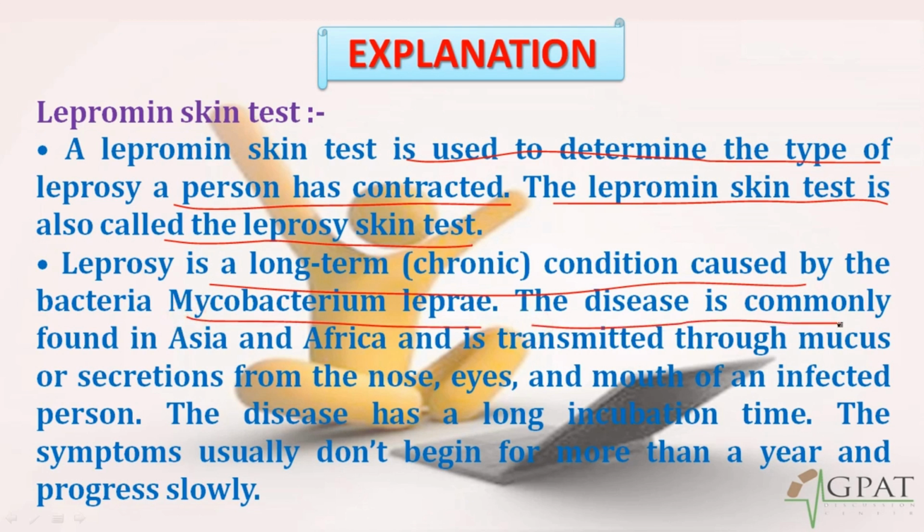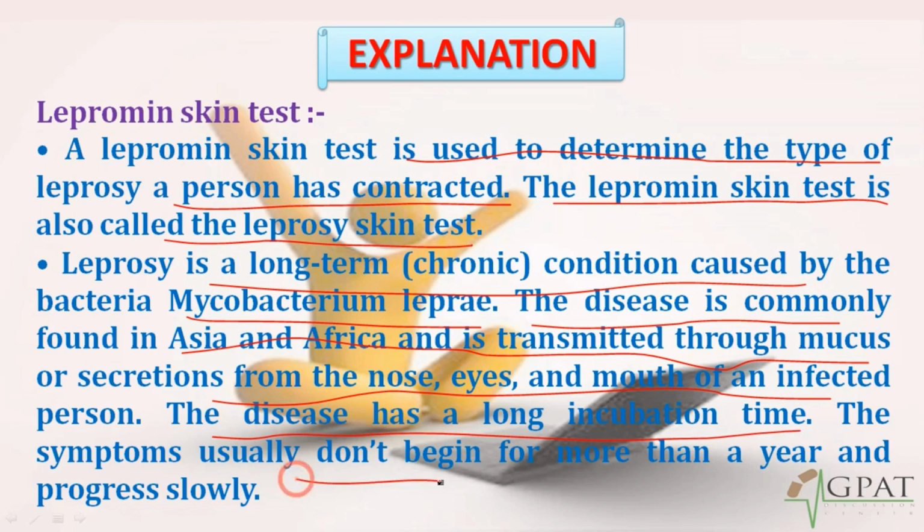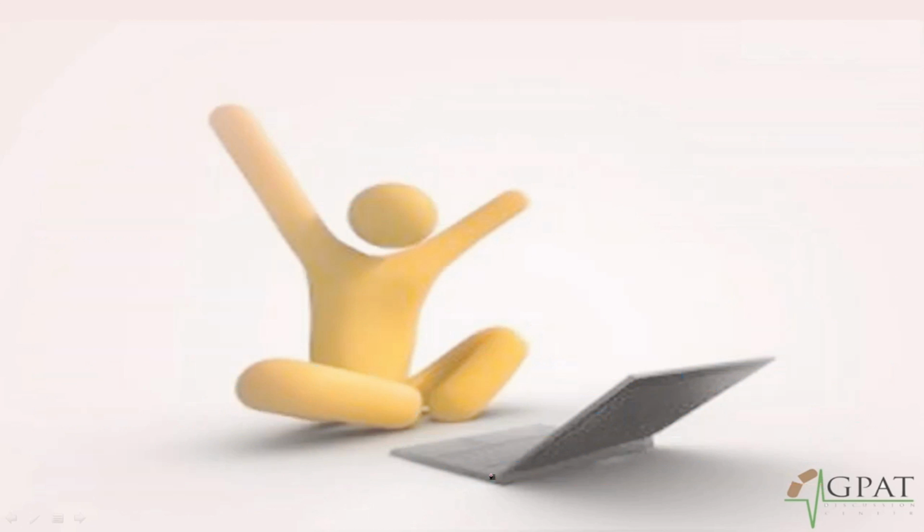The disease is commonly found in Asia and Africa and is transmitted through mucus or secretions from the nose, eye and mouth of an infected person. The disease has a long incubation time. The symptoms usually don't begin for more than a year and progress slowly.